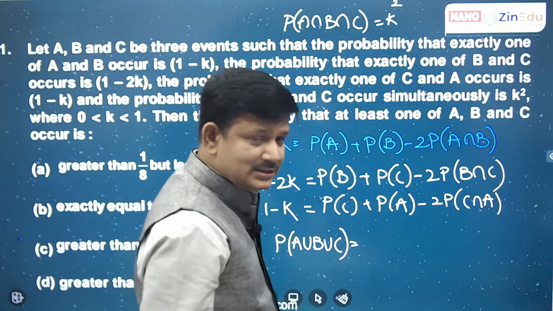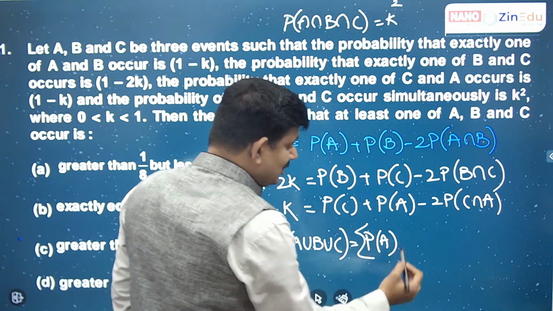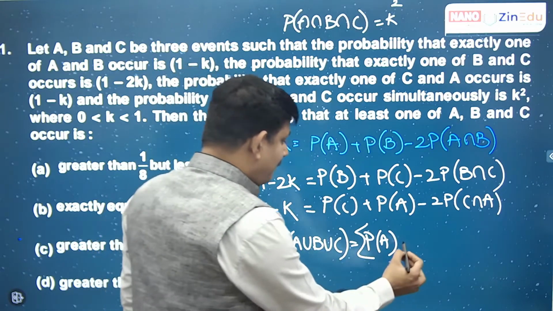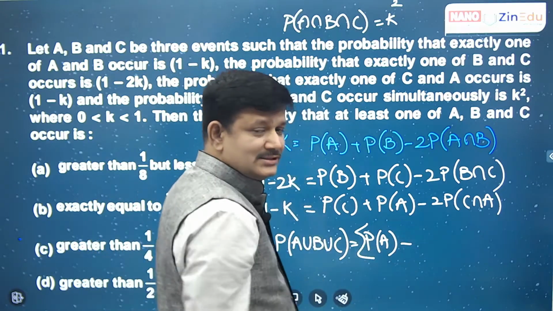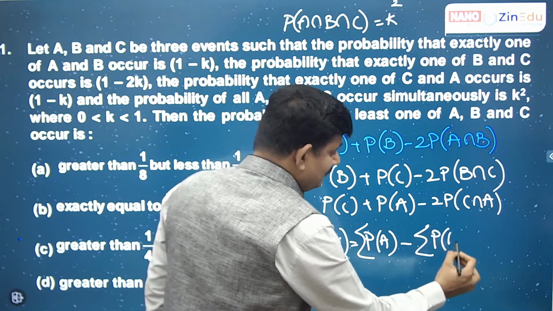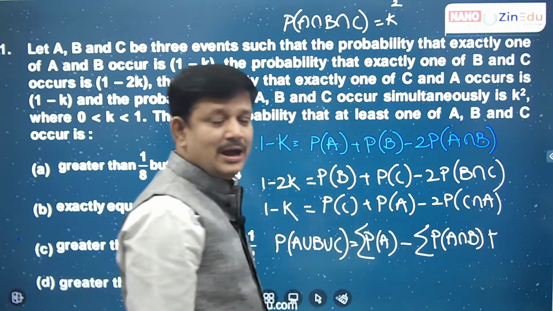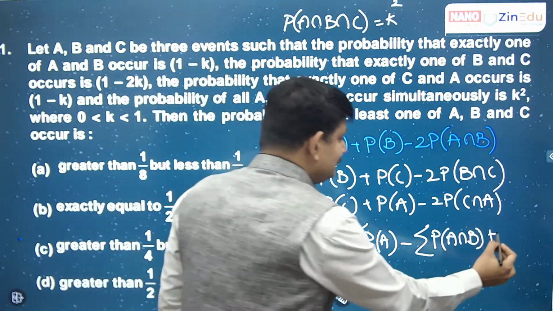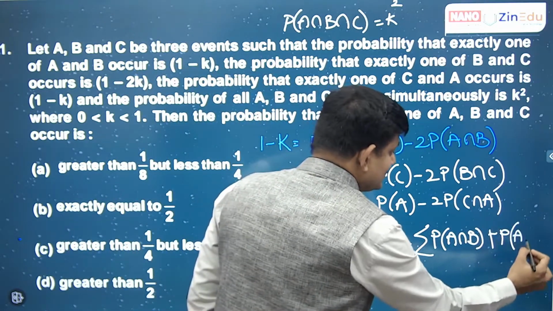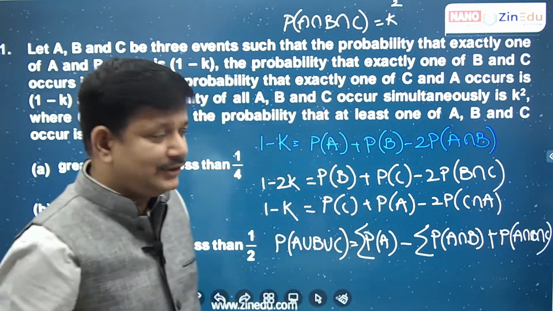It is nothing but sigma P of A, P of A plus P of B plus P of C, minus P of A intersection B minus P of B intersection C, so on, sigma P of A intersection B, plus to this you have to add P of A intersection B intersection C. This is for you P of A union B union C.